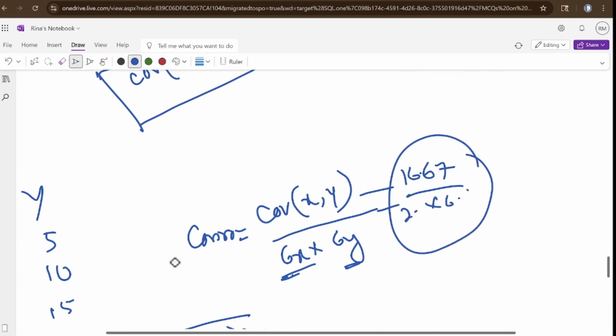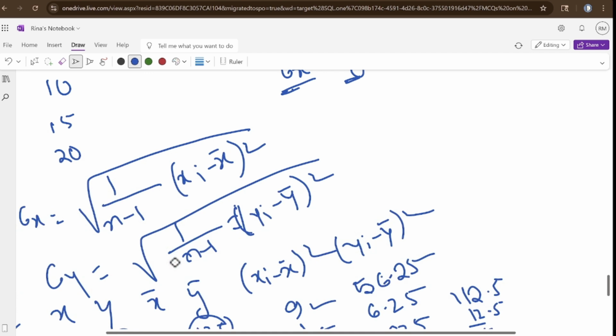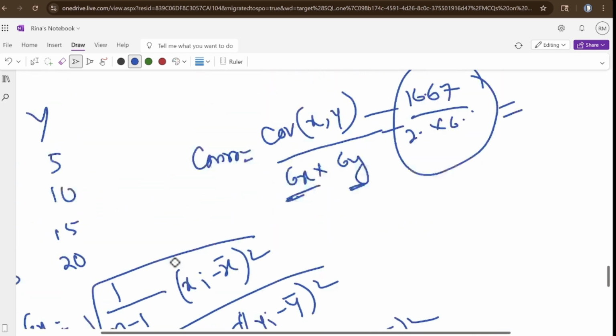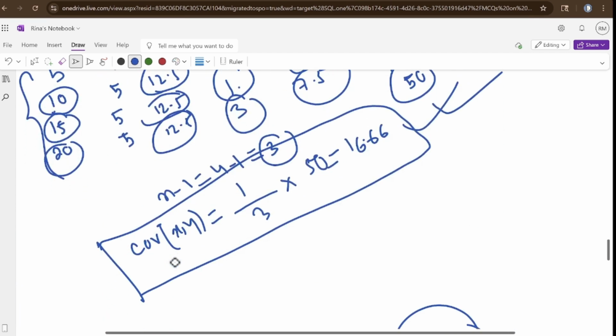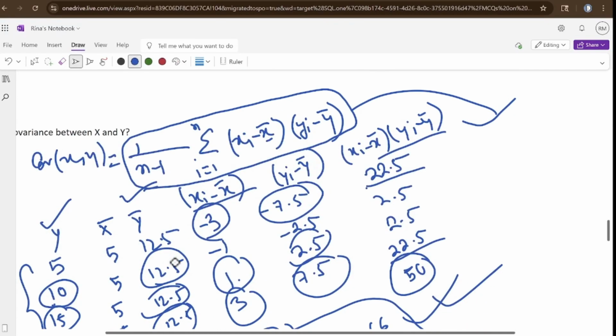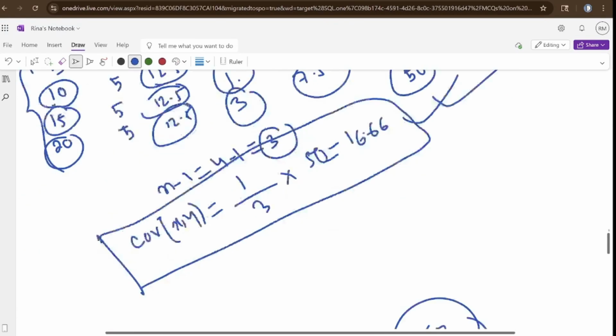Now you have to calculate what the correlation is. Okay, clear. Now see why correlation is unitless but covariance has a unit. See, for the covariance formula you have 1 by n minus 1 and this value.